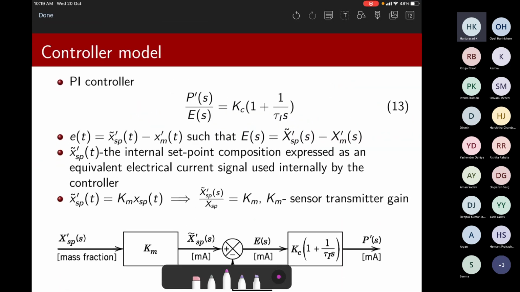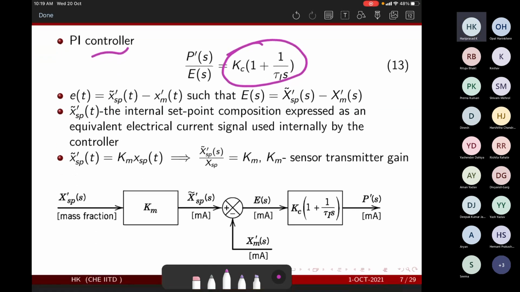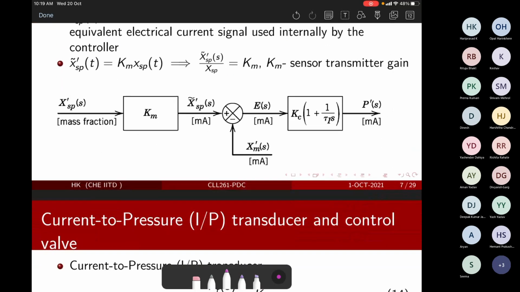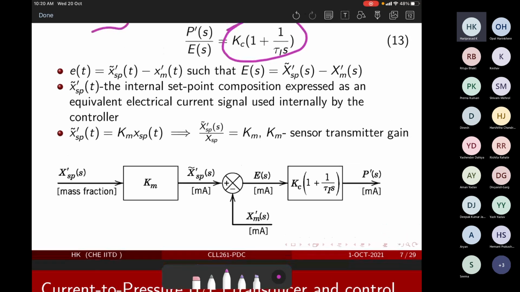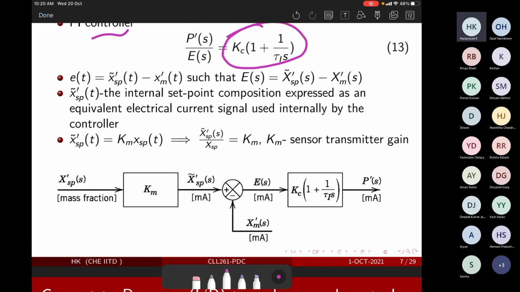So now coming to the controller, it could be P, PI or PID, whatever, you have the controller transfer function. Okay. So here is some catch.